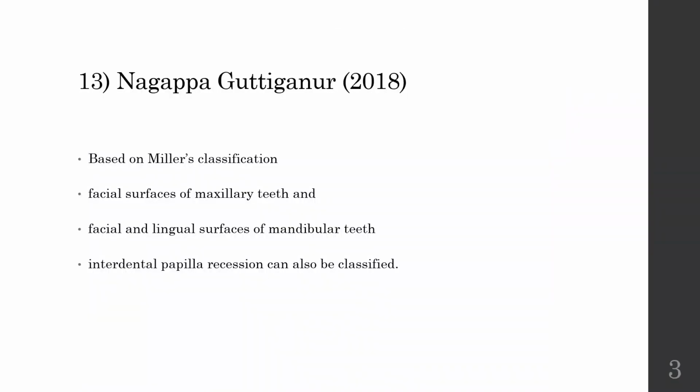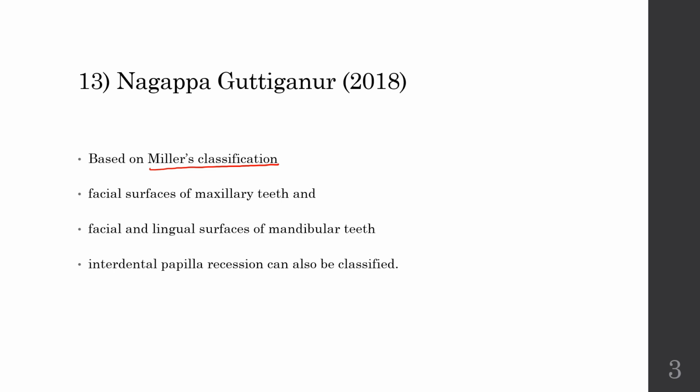So the 13th classification is given by Nagappa and team in 2018. Basically, they have tried to overcome the limitations of Miller's classification. And the main basis for their classification is Miller's classification only.